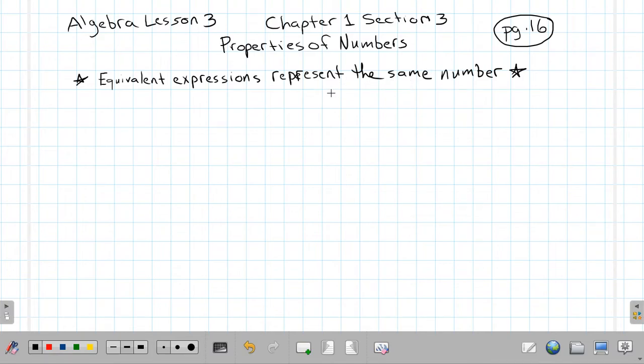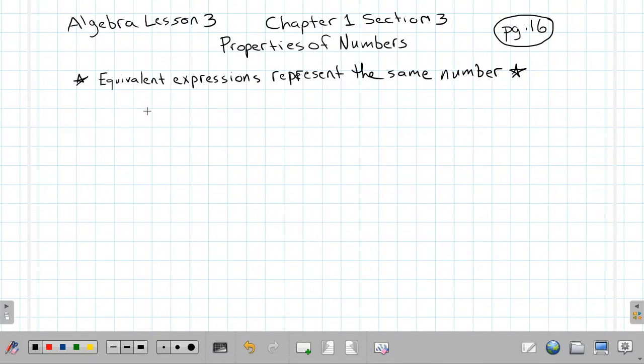Now, with that being said, all of these properties that we're going to see here, they have equal signs in them, meaning anytime you see an equal sign, okay, that means what's on one side is equal to, and it represents the same number as what's on the other side, okay?